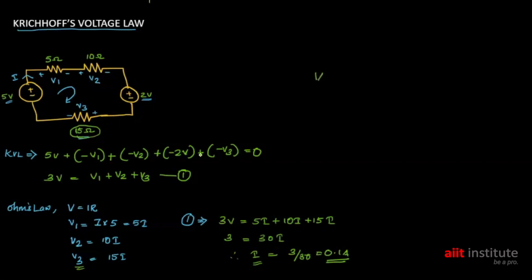So V3 is equal to 15 into I, so 15 into 0.1, which is equal to 1.5 volt. So in this way, by applying KVL, we can find the current and voltage in any electrical circuit or in any electrical components. So let's consider another example also.